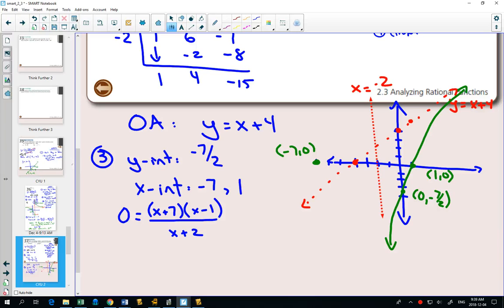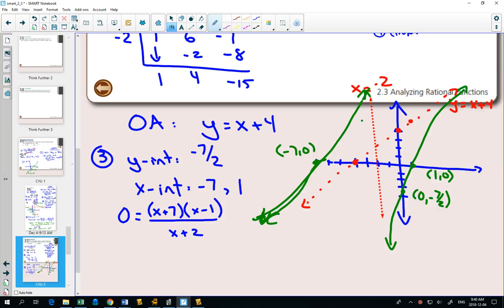So here, we have to decide, as I go to the right of this point, could I go down or could I go up? Well, if I went down, I'd go through my asymptote, so it must go up. And there we go, that's probably a better curve. Take out my fancy little eraser. Love that little eraser. And that is the graph in that section.